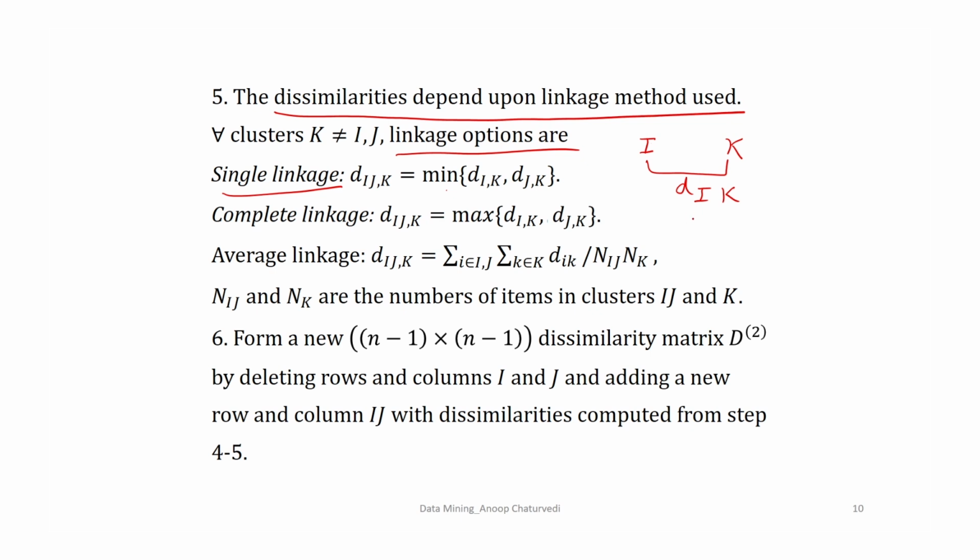Similarly, the distance between J and K is Djk, and ultimately you are merging I and J. So, you get this cluster. And you have to compute the distance between IJ and K. So, we take the minimum of Dik and Djk. The minimum of these two is the distance D_IJK.